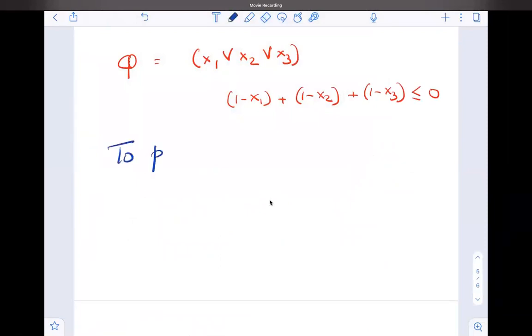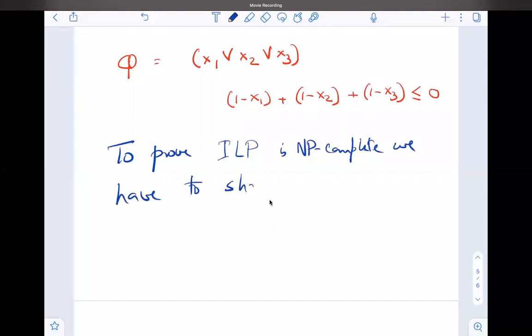To prove ILP is NP complete, we have to show SAT reduces to ILP.